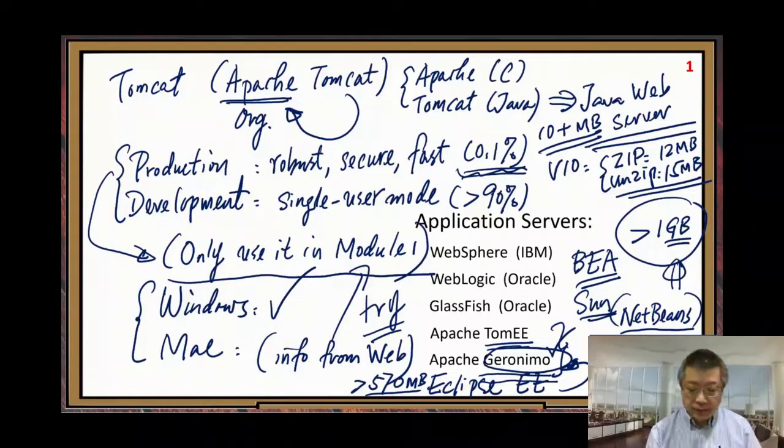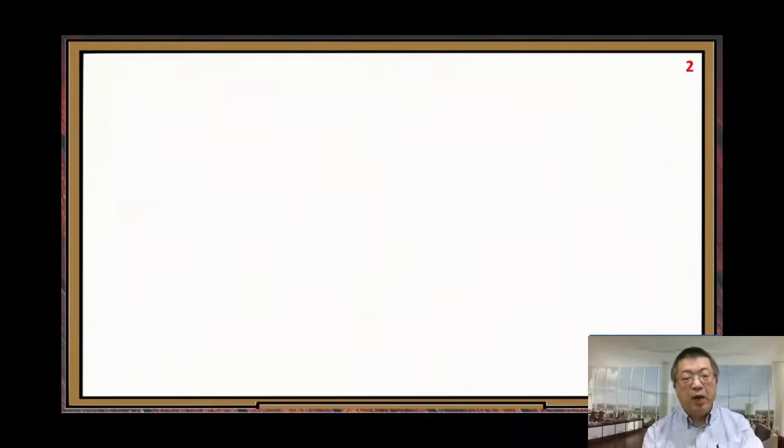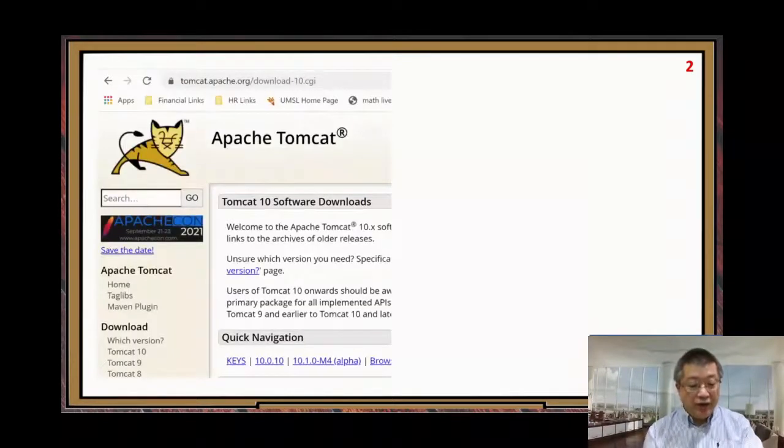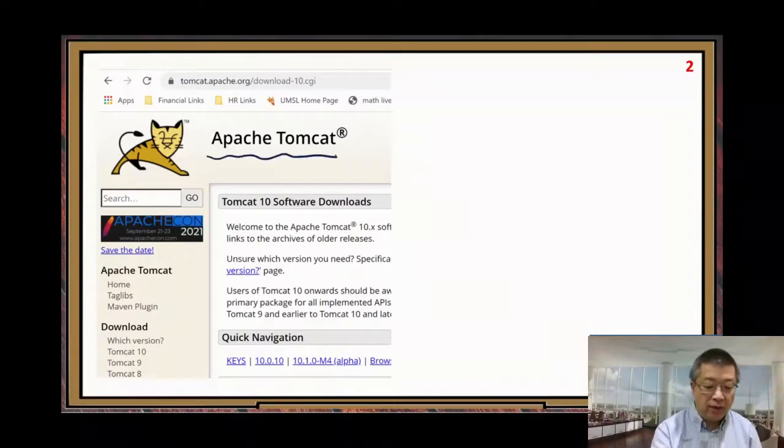So that's the first page information. Second, I want to talk about Tomcat installation a little bit. When you do Tomcat installation, you can type Apache Tomcat or Tomcat server.